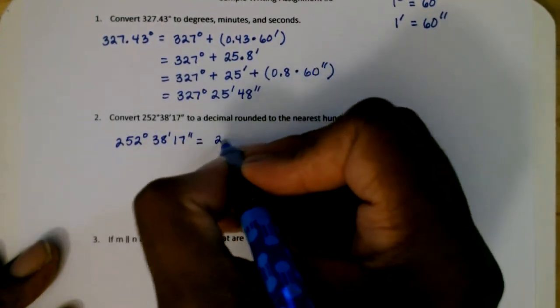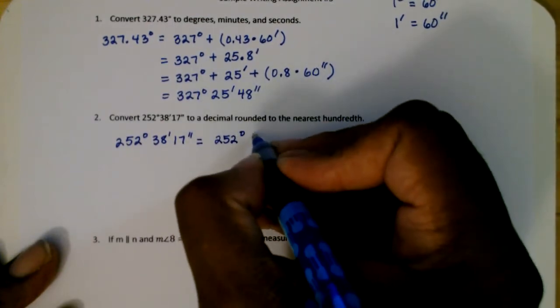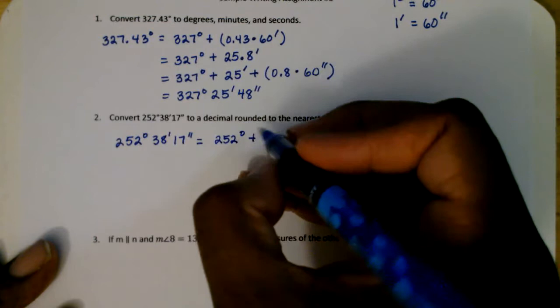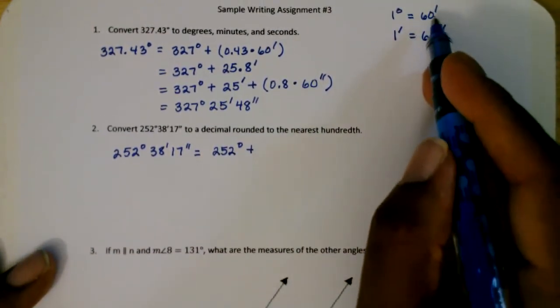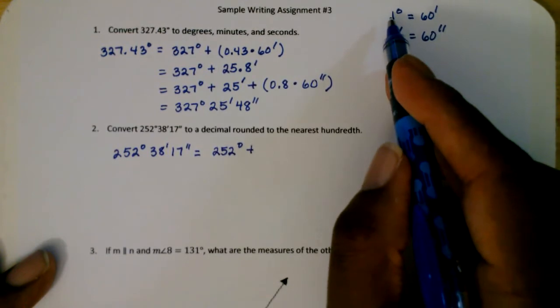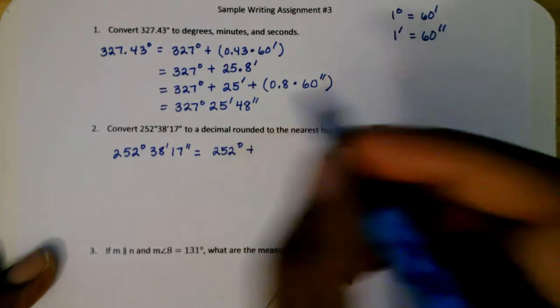I'm going to leave the 252 degrees as is. I know that it takes 60 minutes to make up 1 degree. 60 minutes makes up 1 degree.